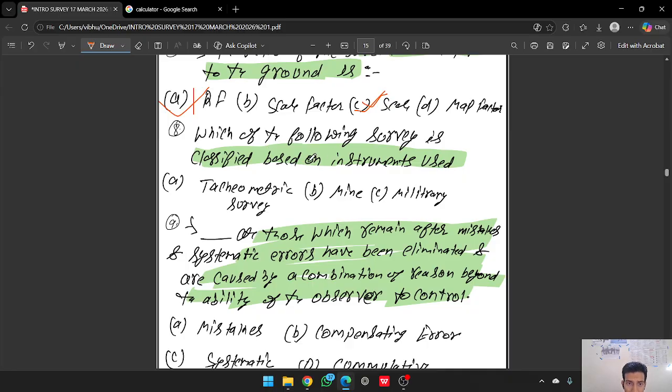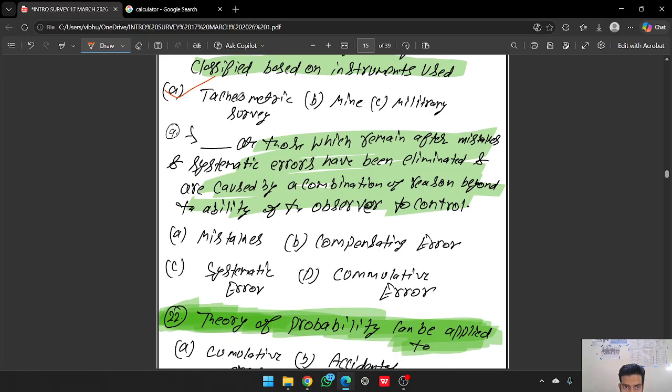Which of the following surveys is classified on the basis of instrument? Mining, military, no. Tachymetry survey, this is the instrument. These are those errors which remain after mistakes and systematic errors have been eliminated. Here it is compensative error, or random error, or accidental error.